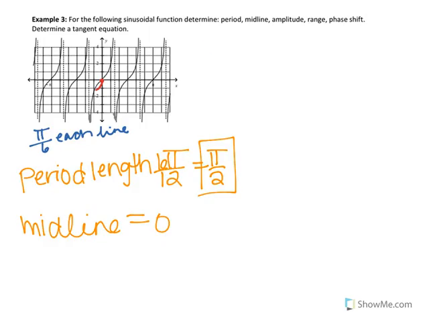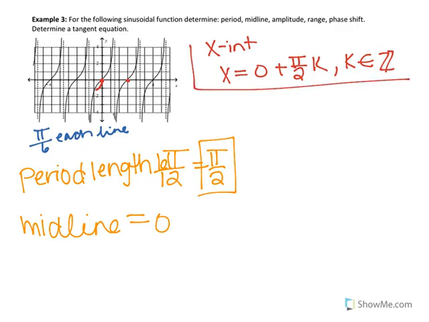So the general equation for our x-intercepts would be x equals 0, and then it's going to go every whatever our period length is. So our period length is pi over 2. So it'll be plus pi over 2 times k, for k is an element of z. So that's kind of our general equation for an x-intercept.